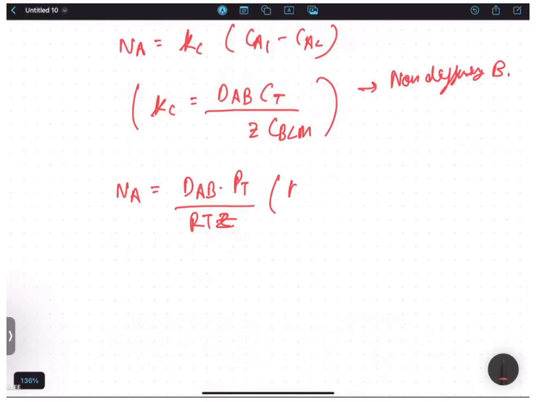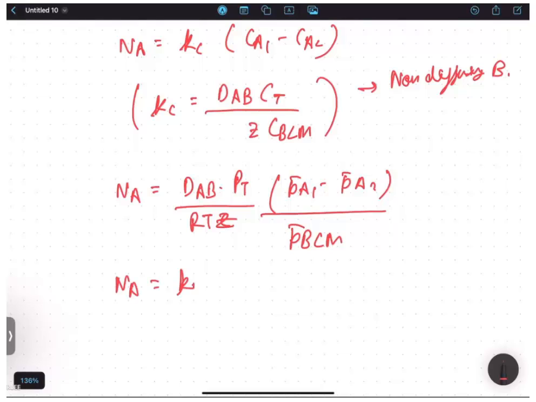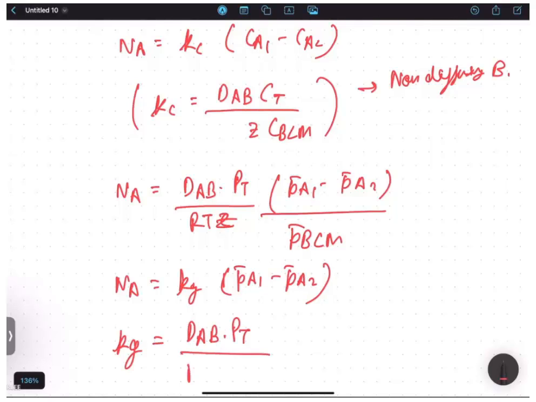So from here, this will be PA bar 1 minus PA bar 2, and in the denominator will be PBLM. And you already know that your Na is equals to Kg into PA bar 1 minus PA bar 2. So from here, your Kg will be equals to DAB into PT by RTZ and PBLM.